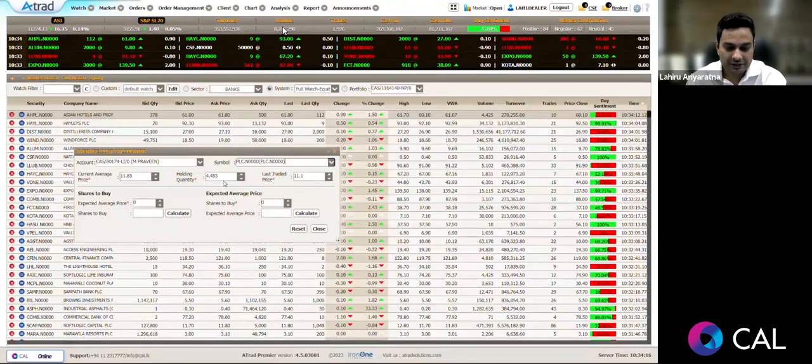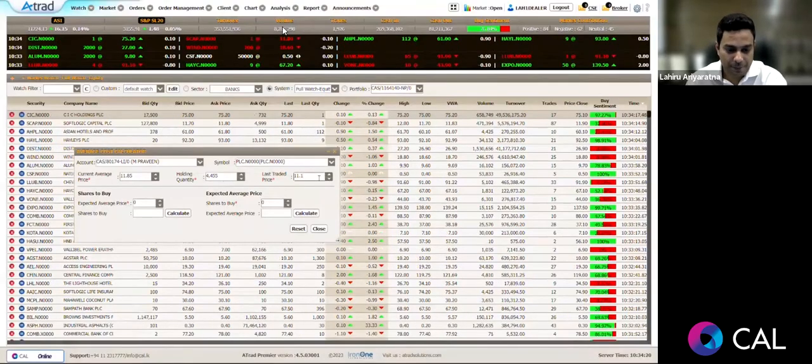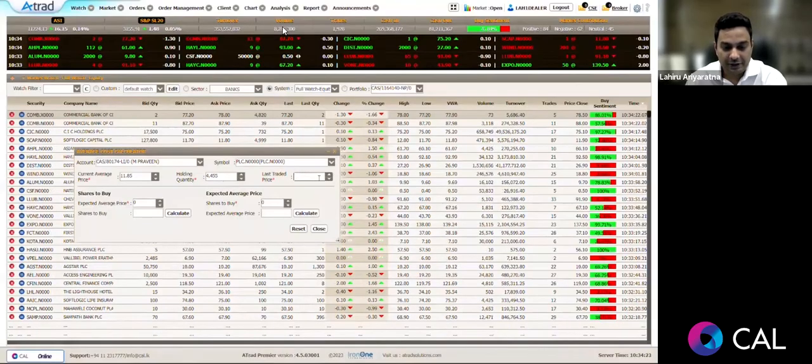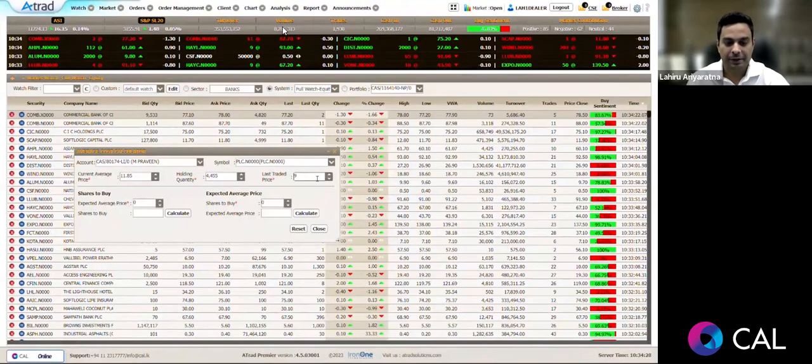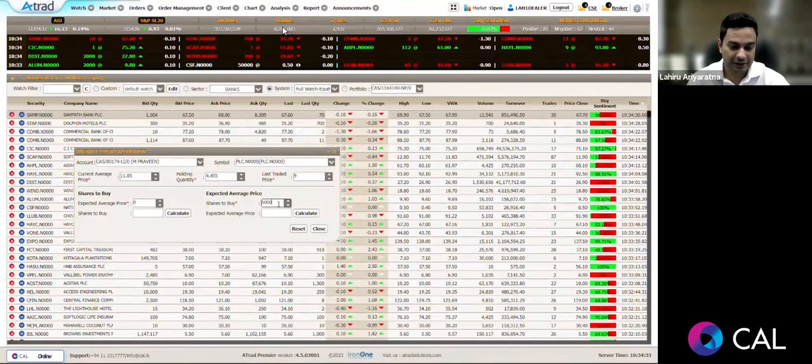So what I'm trying to achieve here is to buy some more shares and bring my average cost down close to the market. This is basically a hypothetical question: I want to buy 5,000 shares at 9 rupees to bring my average cost down, and I want to know what my expected average price would be if I bought 5,000 shares at 9 rupees in a declining market.